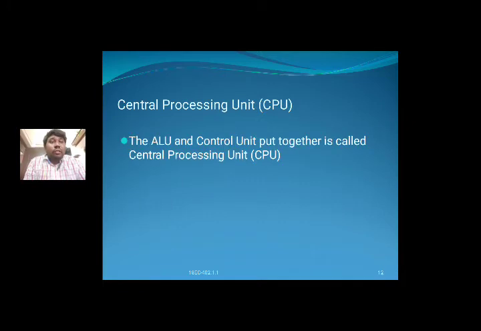Generally the CPU is called the heart of the computer. It is the main part, and that's why it is compared with the heart. For human beings the heart is the main thing, and in the same way the CPU is the main part of the computer.